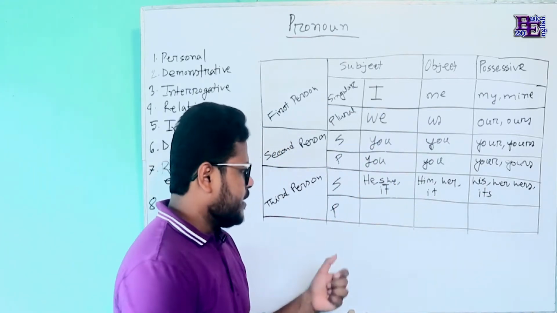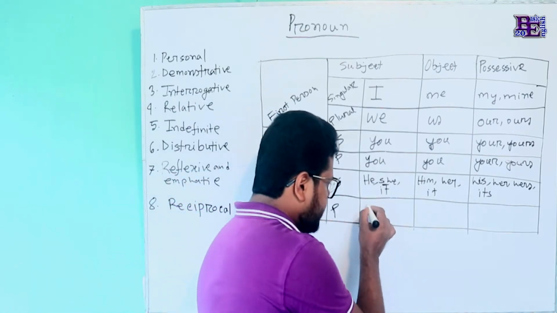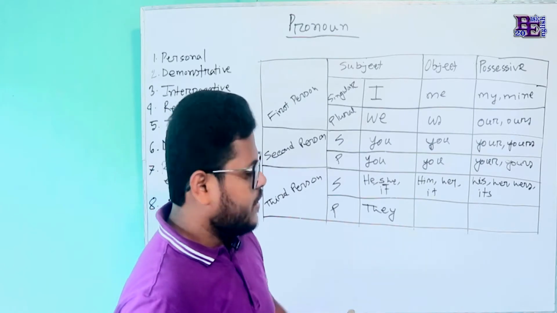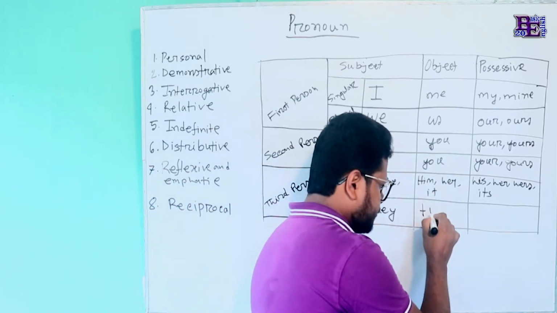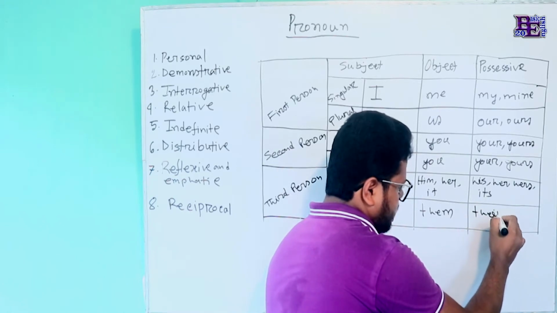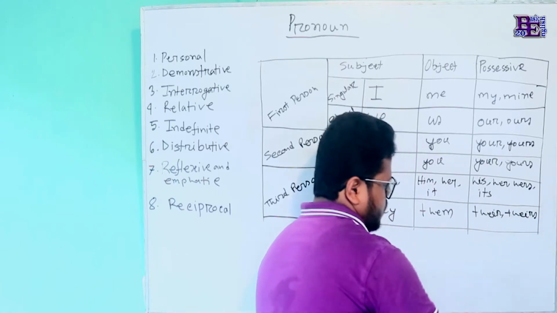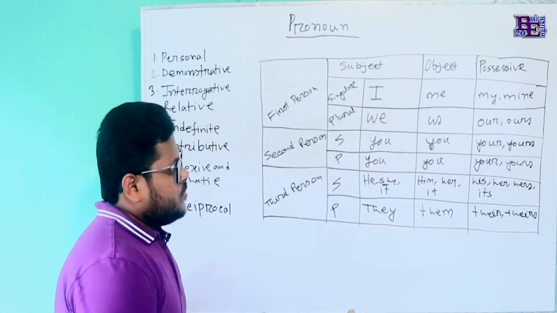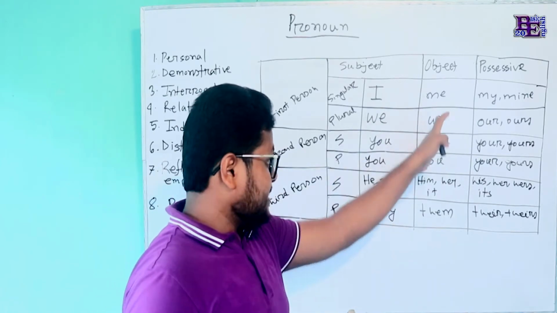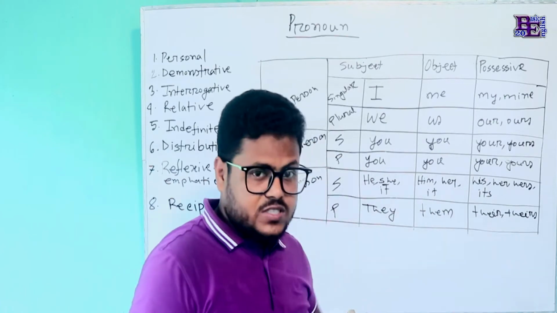Okay, the next one, the plural of third person, that is there is only one, they, and the objective form of they is them, and the possessive form is their or theirs. So these are the subjective forms, these are the objective forms, and here you will get them as possessive forms.